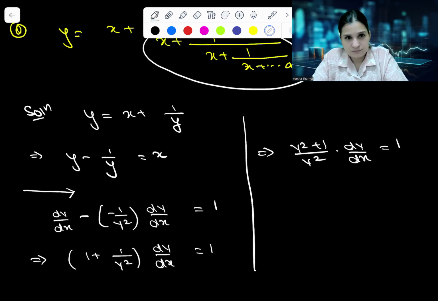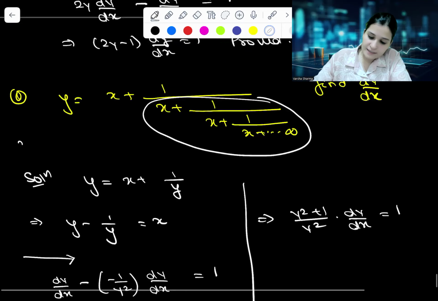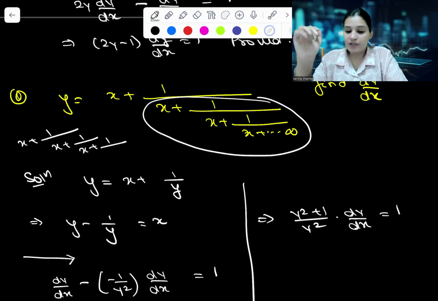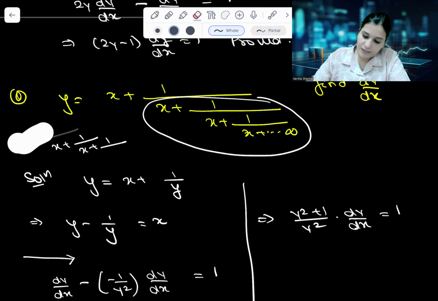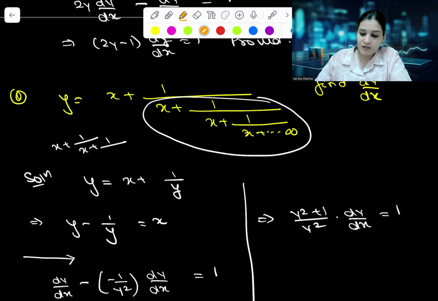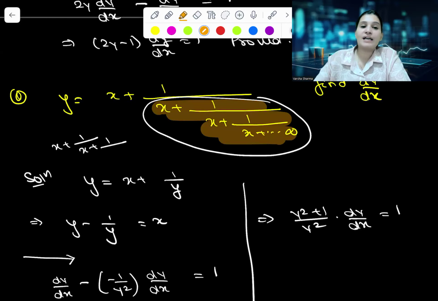Ma'am, can you explain how you got that x plus 1 by y again? So what was y? Y was x plus 1 by, again x plus 1 by, again x plus 1 by. This pattern continued infinite times. So if I remove this one pattern, it's the same thing going on. So this is again the same y pattern.